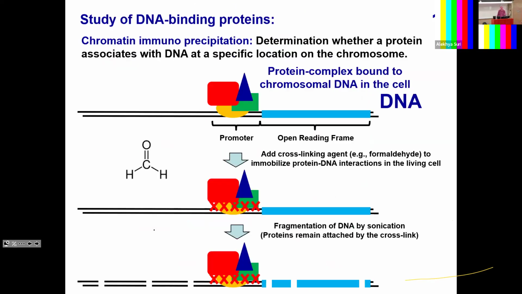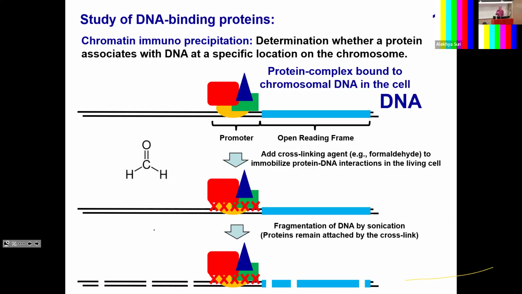This is called chromatin immunoprecipitation, and this method will determine whether a protein binds to DNA in the cell, in the living cell. So when you study living cells, they are constantly changing.